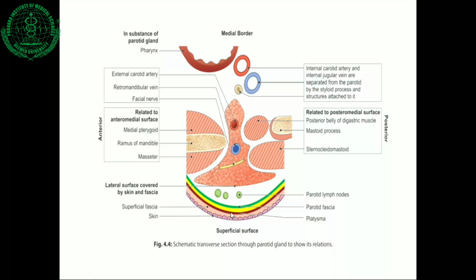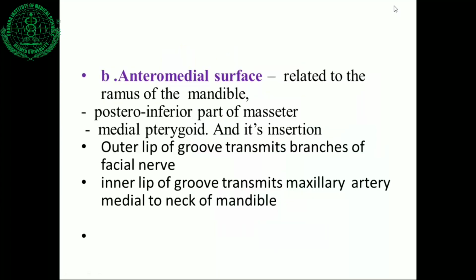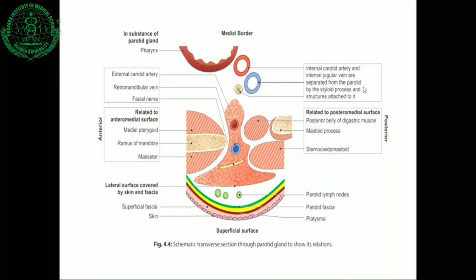So all of you are able to see this is the superficial surface. In this PPT, a transverse section has been taken through the parotid gland which shows the relations. Here the superficial surface is covered by skin, then platysma, here green colored shown for the parotid lymph nodes, and this is the parotid fascia. These are the relations seen on the superficial surface of the parotid gland.